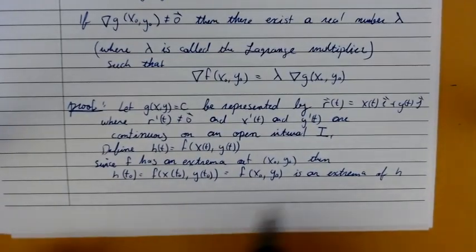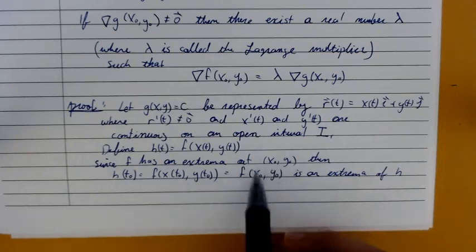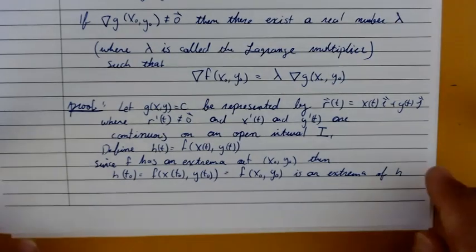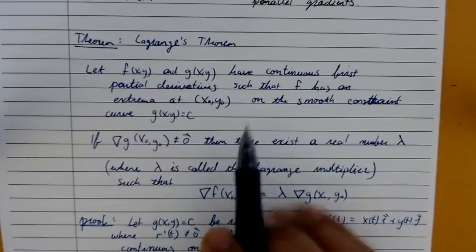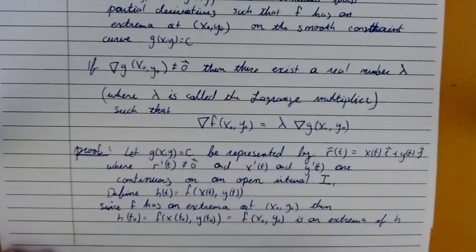All right, well, if that's an extrema, then that means that at t naught you have to have a critical number. All right? That's a critical point, which must make that a critical number. Well, if it's a critical number, that means either the derivative is undefined or the derivative is equal to 0. Well, we know the derivative is not undefined because we have continuous partials. We have continuous derivatives. Everything's continuous. So we know they exist.